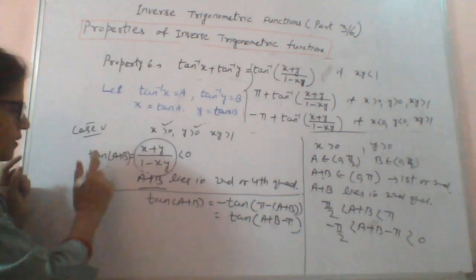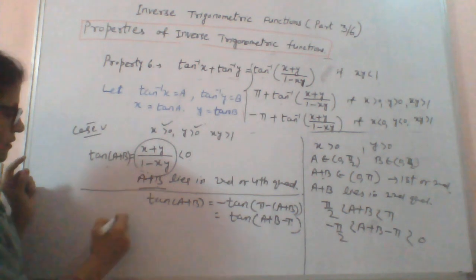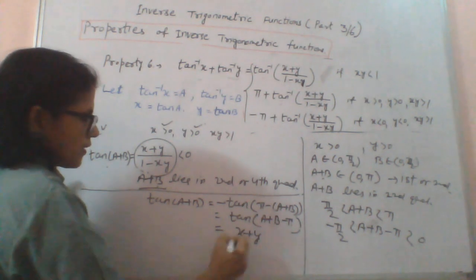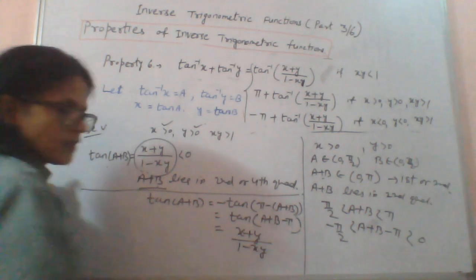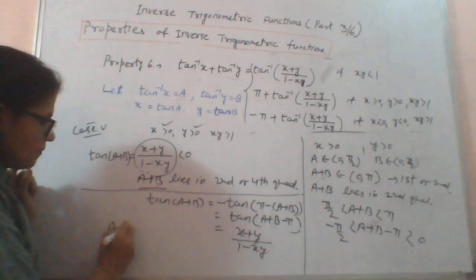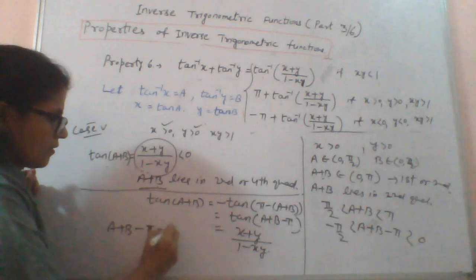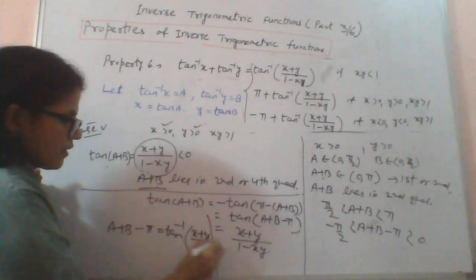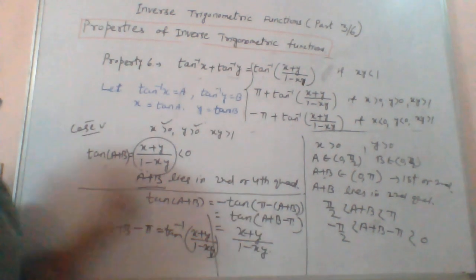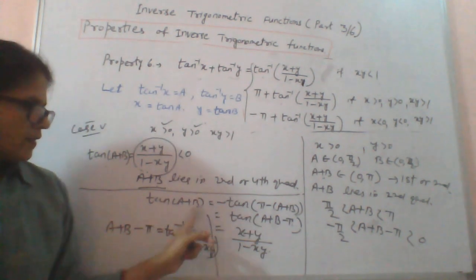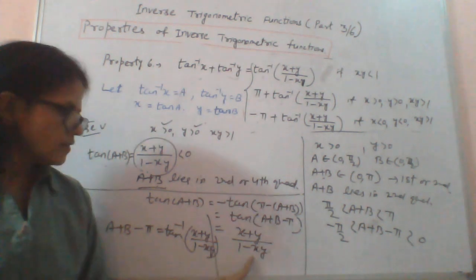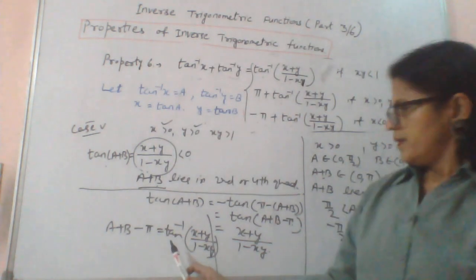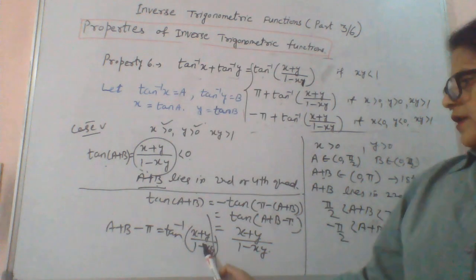So whenever you write this, you can write it is equal to x plus y by 1 minus xy. It means a plus b minus pi equals tan inverse of x plus y by 1 minus xy, whenever tan(a plus b) equals x plus y by 1 minus xy. And here it is tan inverse of x plus y by 1 minus xy.